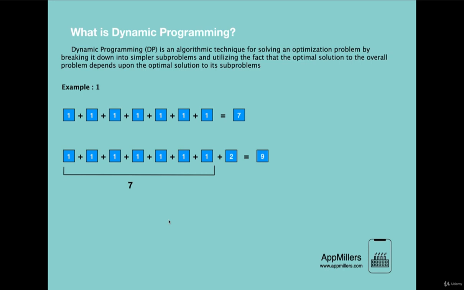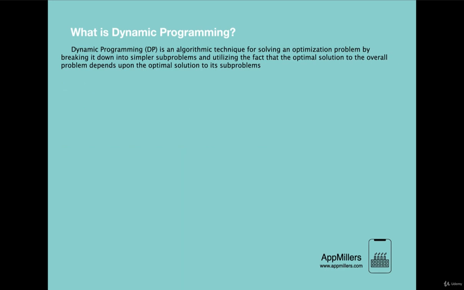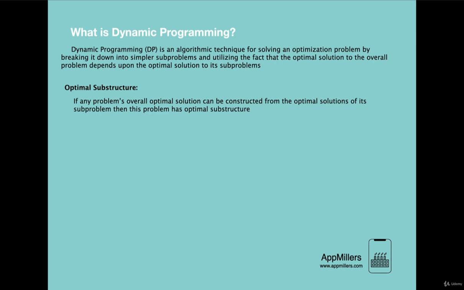Now let's see two main properties of dynamic programming. The first property is the optimal substructure property, which we saw in the divide and conquer algorithm. So here it is the same. Any problem that has optimal substructure is one whose overall optimal solution can be constructed from optimal solutions of its subproblems.